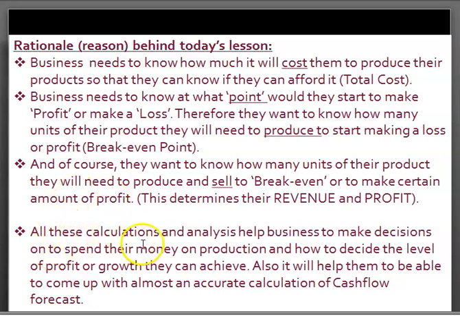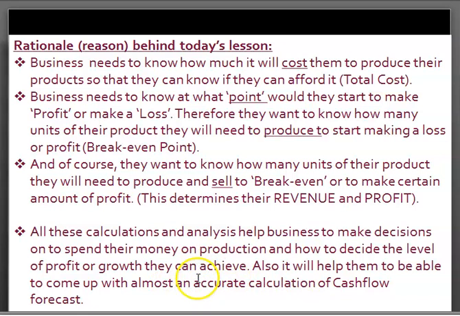Okay, so all these calculations and analysis help businesses to make decisions on how to spend their money on production and how to decide the level of profit or growth they can achieve. Also, it will help them to come up with an almost accurate cash flow forecast.